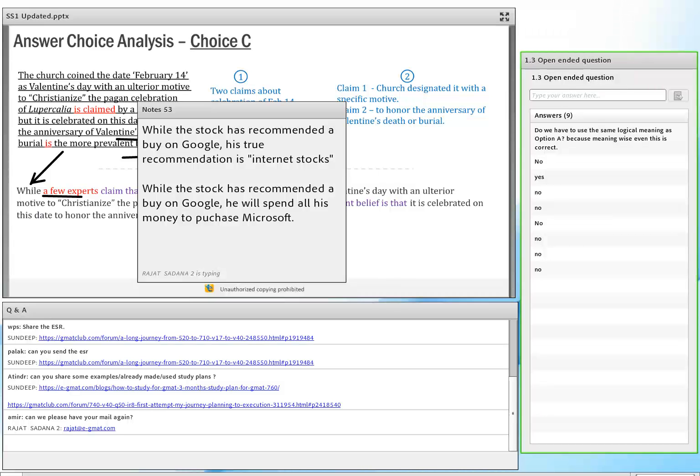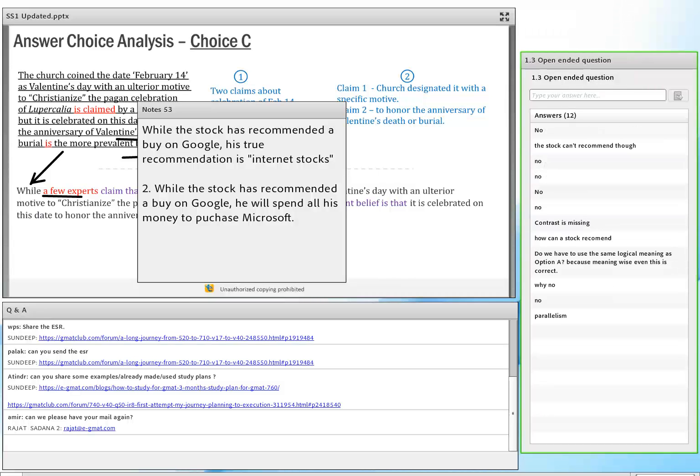Is there anything wrong in sentence 2 over here from a grammar standpoint? No, there's nothing wrong in parallelism. While the stockbroker, that's true.